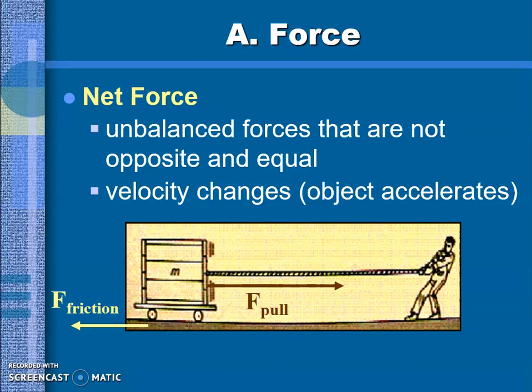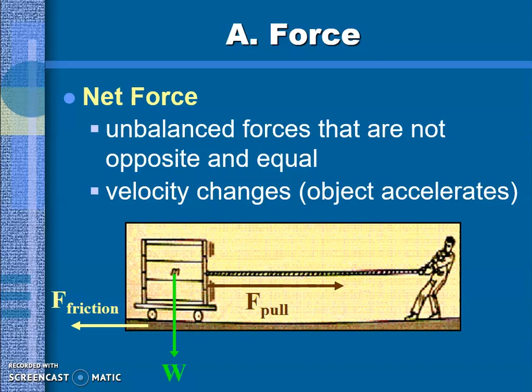You have the force of friction, so those wheels in contact with the ground are creating friction. That is an opposite force from the pull, but as we can see in the image, the force of the pull is stronger than the force of the friction. They are not equal, so there is a net force.